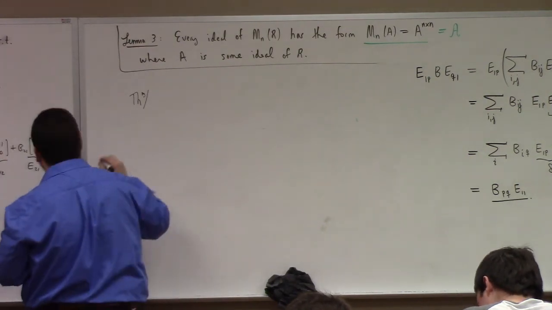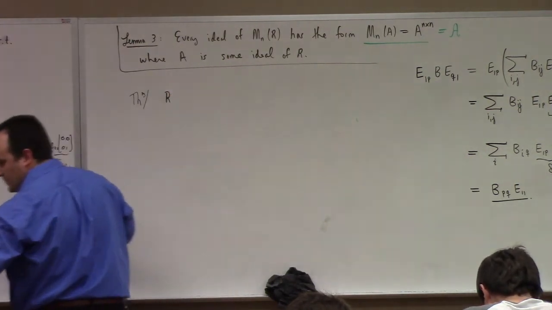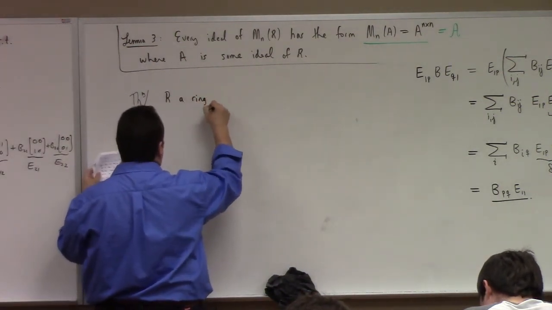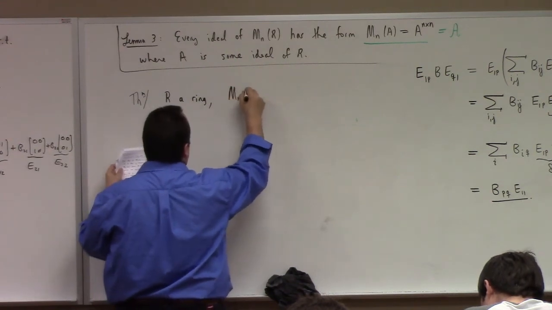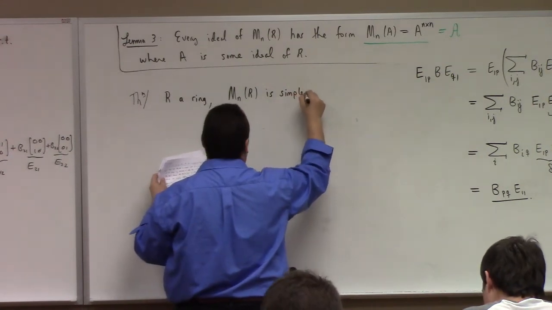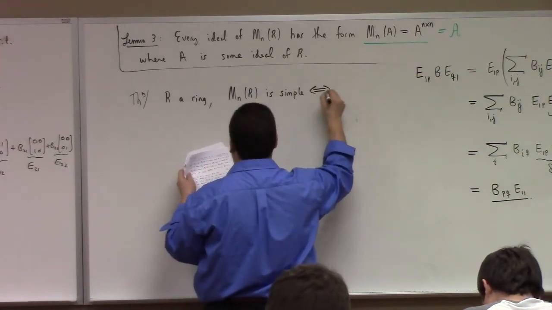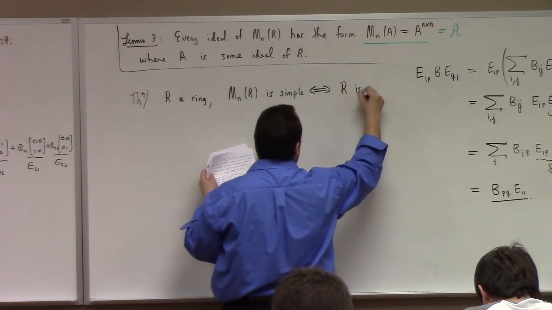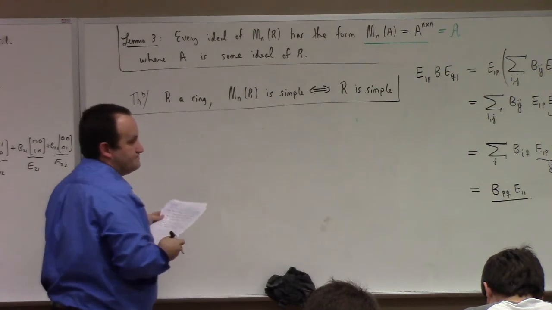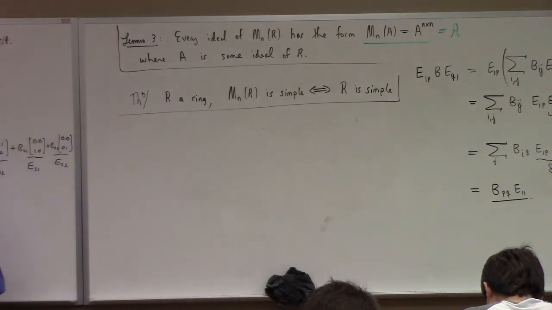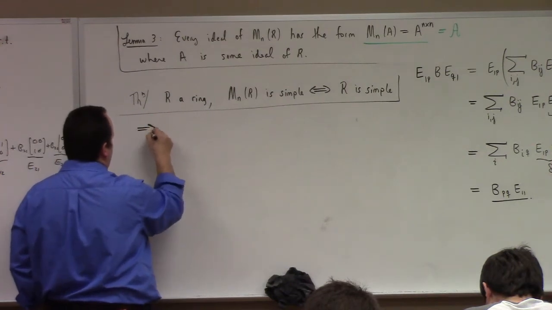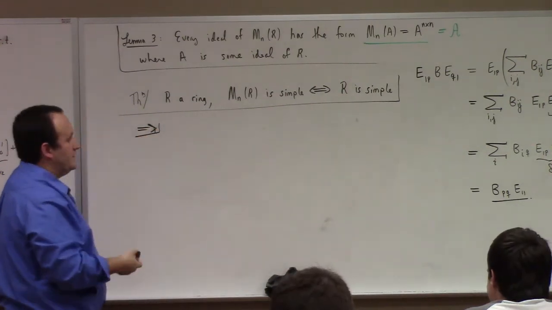Right. So if R is a ring, then M_n(R) is simple if and only if R is simple. So the proof is very simple with the lemma in hand, right? Think about it.